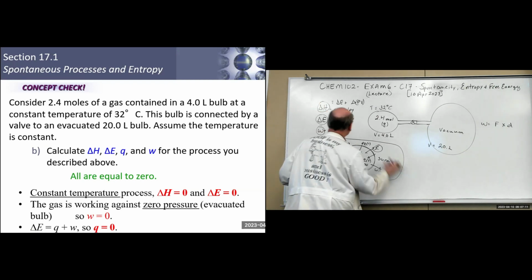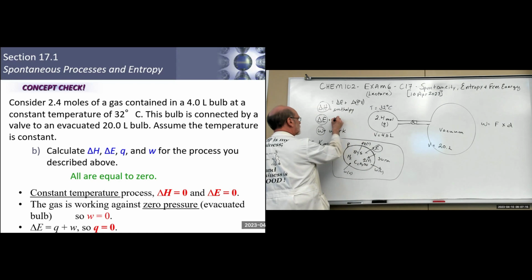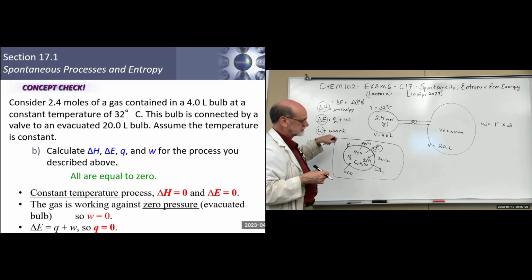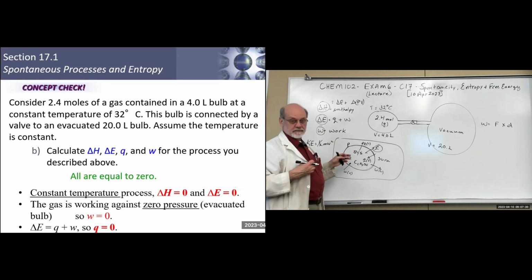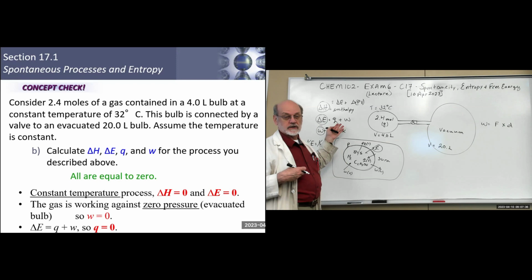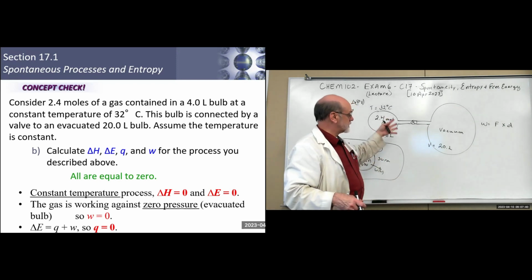The change in internal energy is also equal to Q plus W. So any heat transferred or any work done assesses the change in internal energy. So since there was no work done and internal energy is 0, then Q has to be 0 too. So all these terms are 0 under these circumstances.